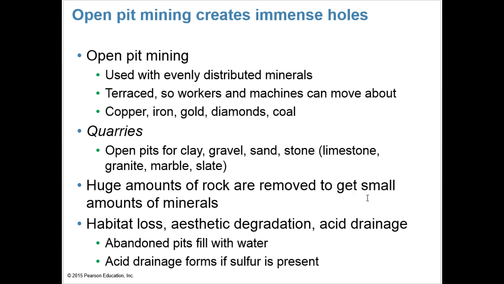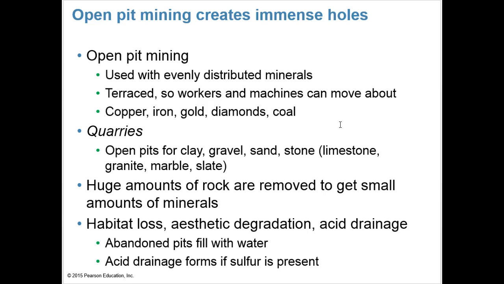Open pit mining creates immense holes. Open pit mining is used with evenly distributed minerals, terraced so that workers and machines can move about. And we use this for items like copper, iron, gold, diamonds, and coal. Quarries are open pits for clay, gravel, sand, stone, including limestone, granite, marble, and slate.